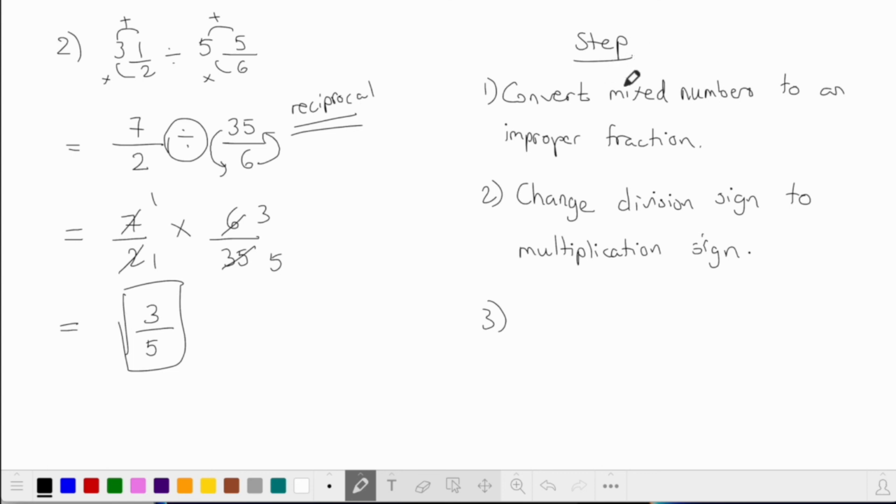Let me recap the steps whenever you see division between mixed numbers.